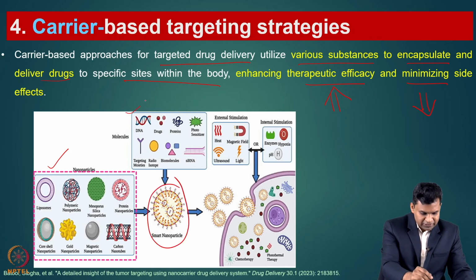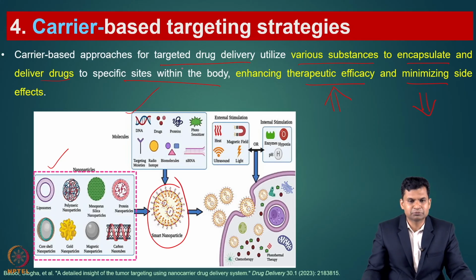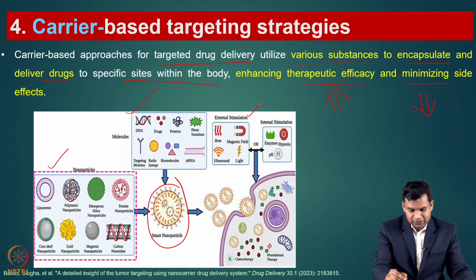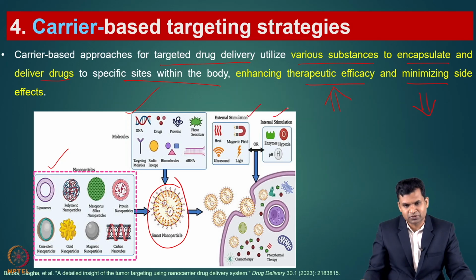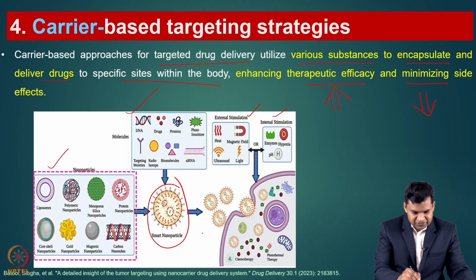We can also use various biological molecules, drugs, proteins, peptides, and encapsulate them by using various stimuli response, the external and internal stimuli response. We can also activate the formulations within the cells. So these have a specificity.